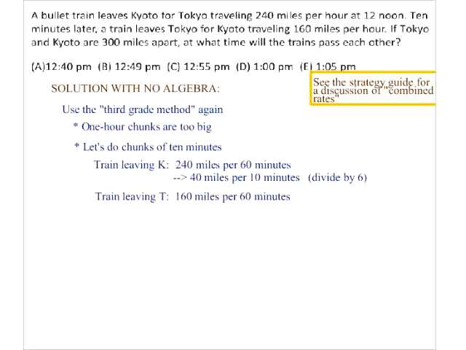Let's do this per 15 minutes, because that's ugly. So let's say every 15 minutes. That would be 1/4 of an hour. You're just dividing by 4. And then this one also divides by 4. So that's 40 miles per 15 minutes.